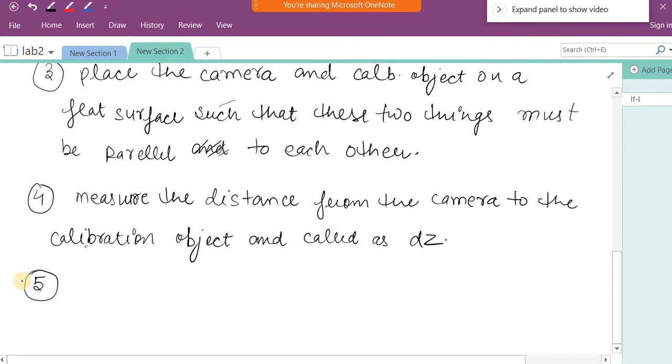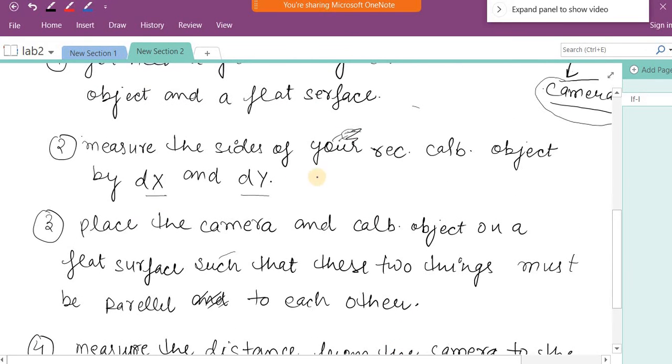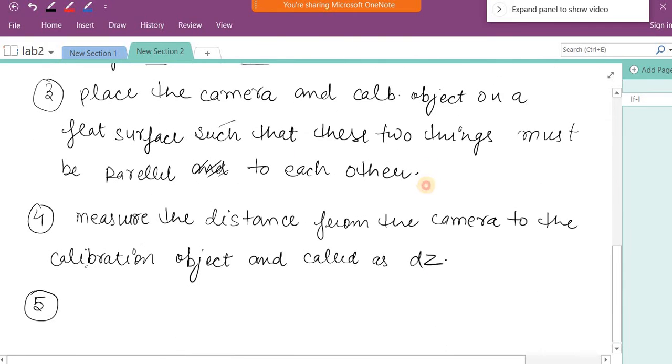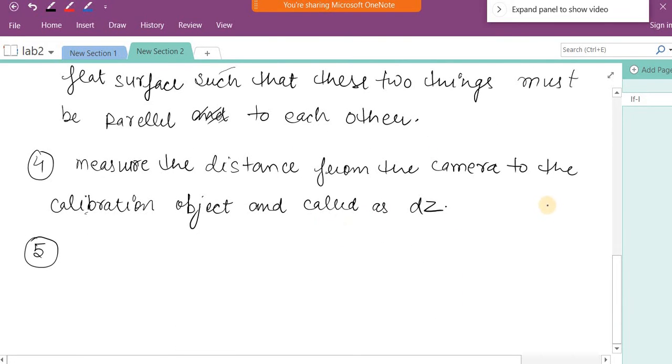Now the fifth one is, as I told you, we have to measure the sides of your rectangular calibration object in terms of dx and dy. When your image is in rectangular form, inside there is one object. According to that object we have to calculate the width and the height, so small dx and small dy.